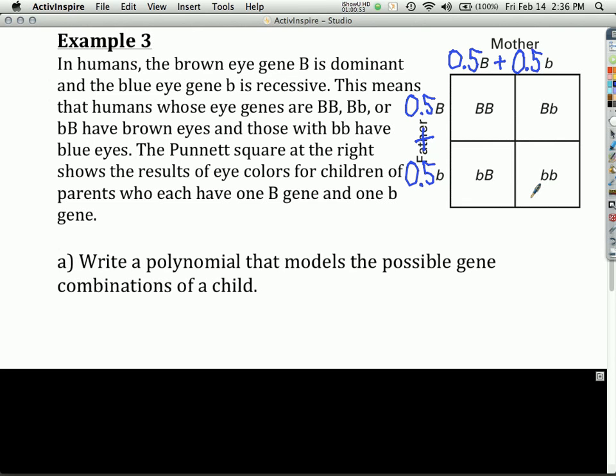This is FOIL. These are the first terms. These are the outer. These are the inner. These are the last terms. That's a tabled version of FOIL.